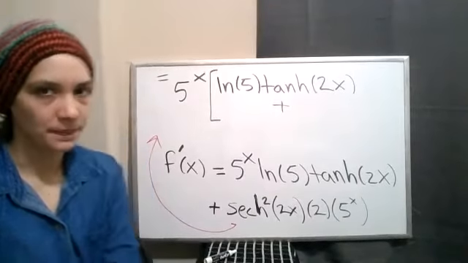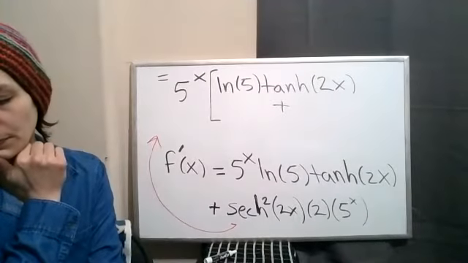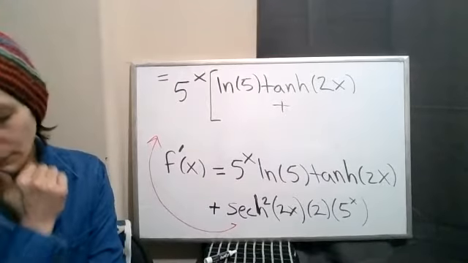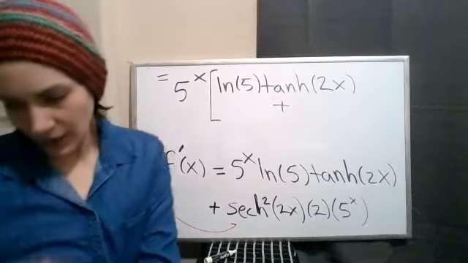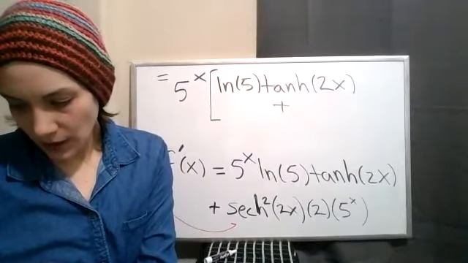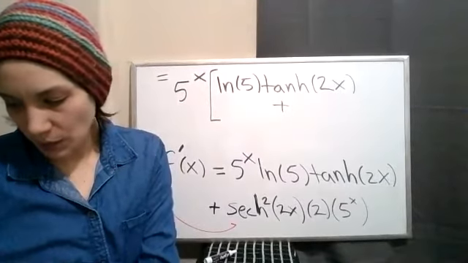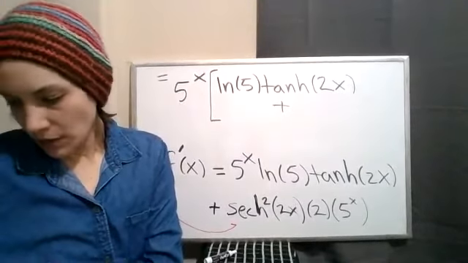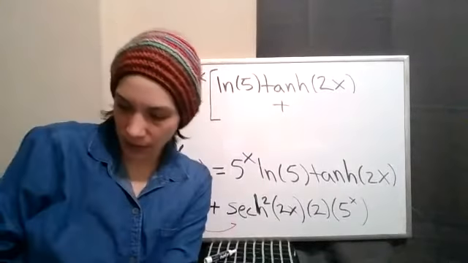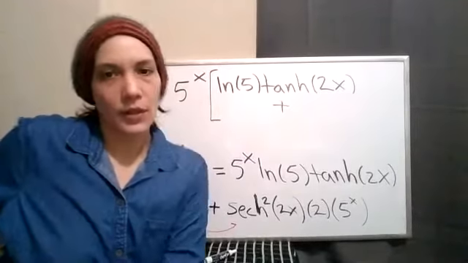I'm missing something. Secant squared, leave the 2x, multiply by 2. No, that's good. Just typo on my part. This would be a 2. Cool.